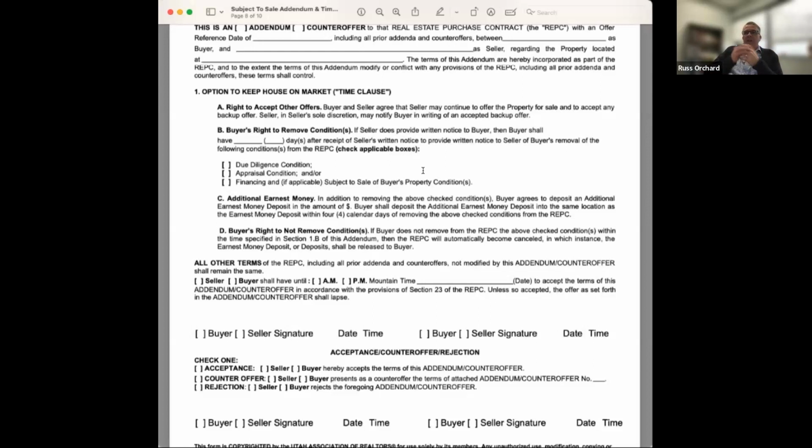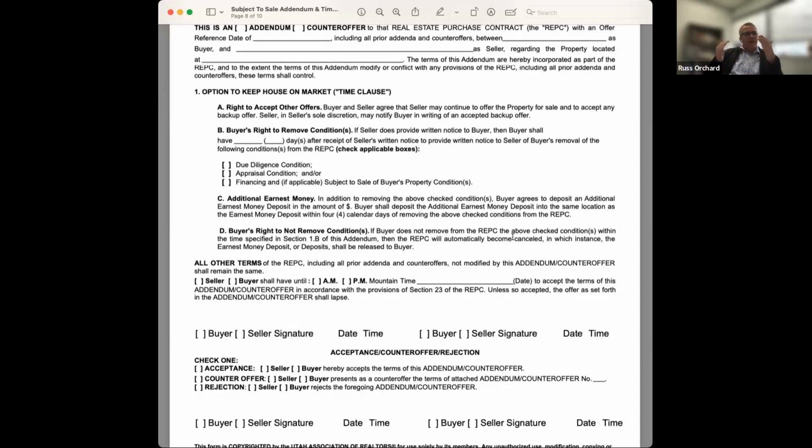They got their notice in, they felt like within the deadline. Our agent, who was the listing agent, felt like it was not within the deadline and said the buyer did not remove their conditions within the time frame. Therefore, you're out, we're selling this to this other buyer, and it became a fight and a struggle. I wish I could remember exactly where that ended, but it became this struggle over it.